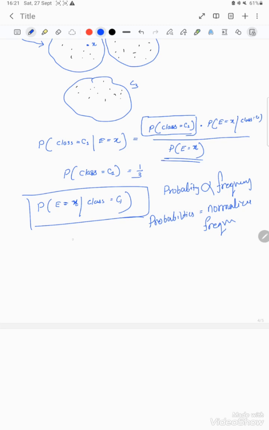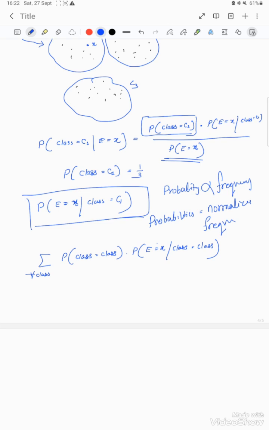In the marginal setup, what you need to do is take the sum over all classes of the probability of class equal to, let's say, a class, times the probability of evidence equal to X given class equal to that class. So what does it mean? You got the likelihood, but you need to marginalize it over all the classes.